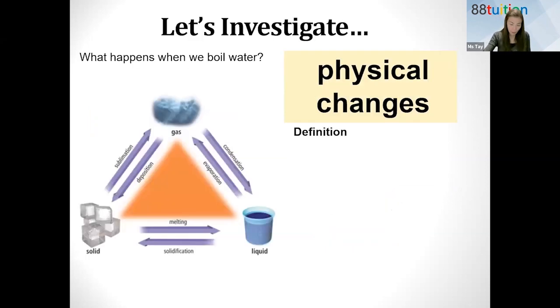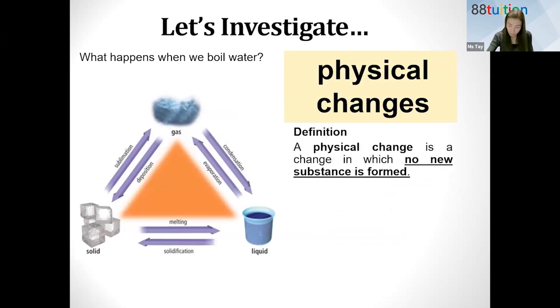What happens when we boil water? When we boil water, it is going to start boiling and then turn from liquid to gaseous state. So changes of state here is a change when no new substance is formed. And then it is reversible. Like what you see in the diagram here, from gaseous state, water can also convert back to the liquid state.